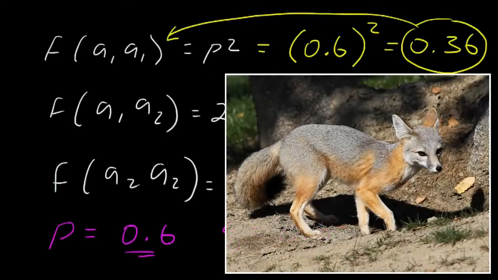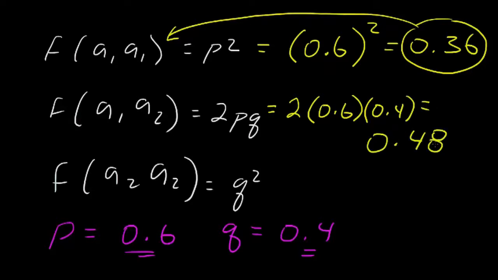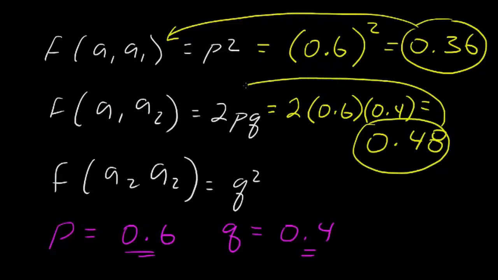For our heterozygous population, what would we expect in terms of genotype frequencies? Well, we simply multiply 2 times the P frequency, 0.6, times 0.4, our Q frequency, and that should give us, if I've done the math correctly, 0.48. So 48% of our population should be carriers of this genotype in a population that's in Hardy-Weinberg.